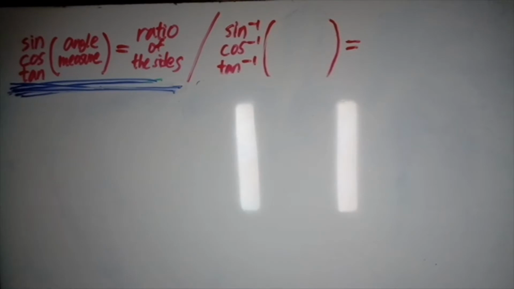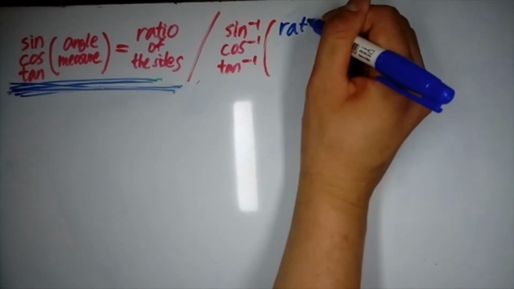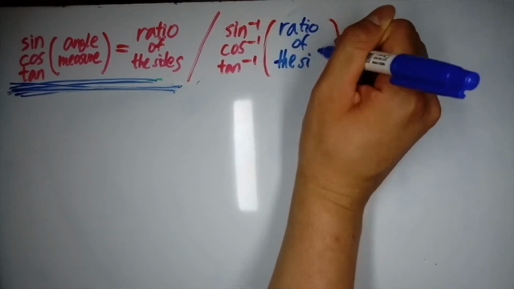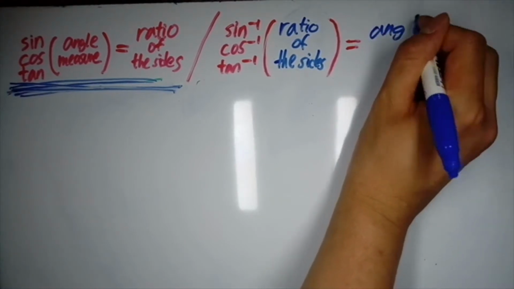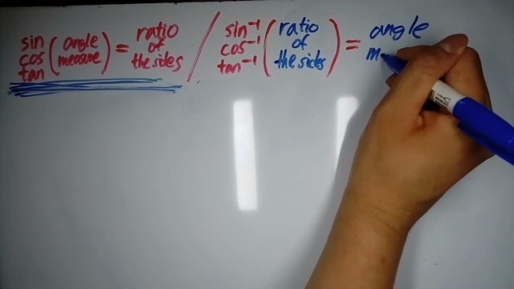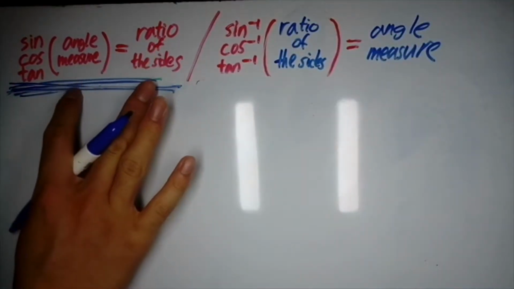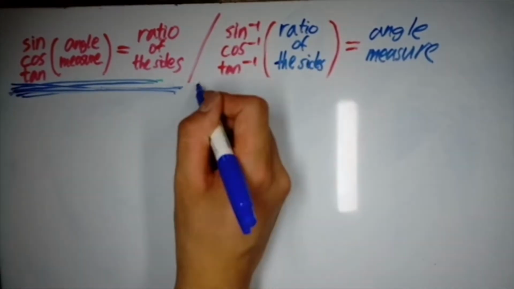And in the inverse operation, the ratio of the sides goes inside these parentheses, and the angle measure goes on the right side of this equation. So these two swap their places in the inverse operation.